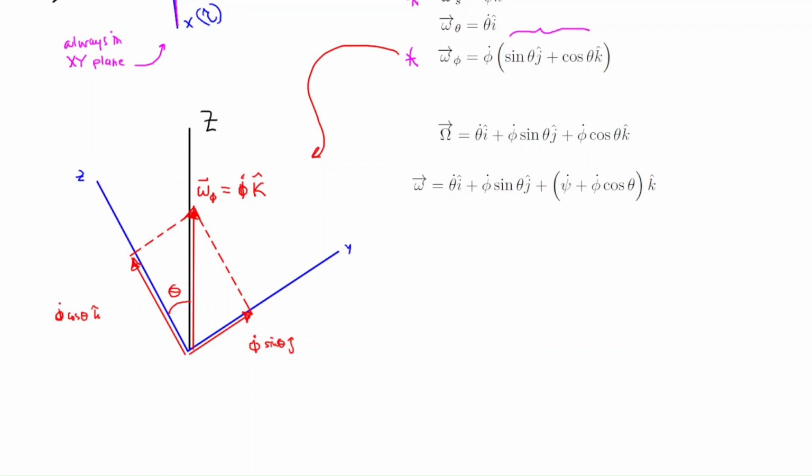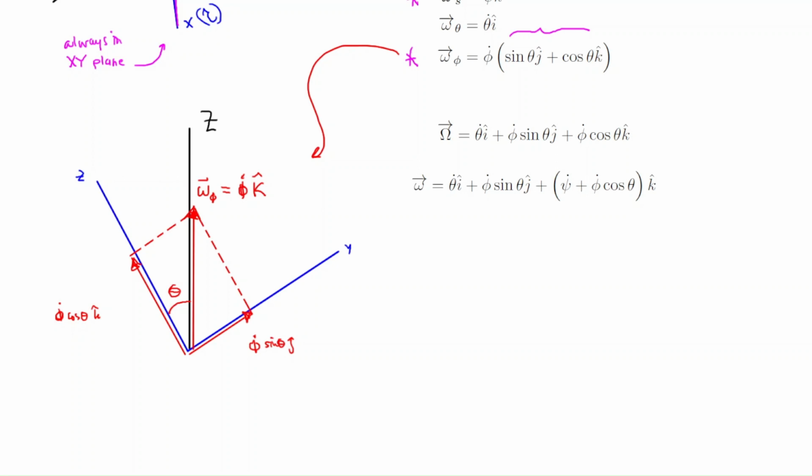Let's take a look at this new picture that I've drawn. Omega sub phi points in the capital Z direction. I've written that as phi dot times a capital K as a unit vector, the unit vector in the capital Z direction. Now the lowercase x axis is always perpendicular to the capital Z, so it's not in this picture. Anything that points in that capital Z direction is always going to be a linear combination of things that point in the lowercase y and z directions.